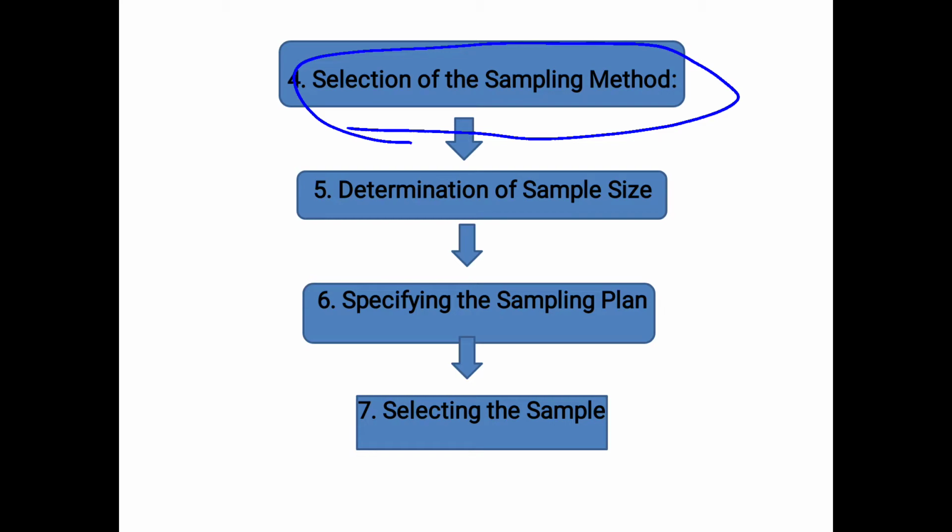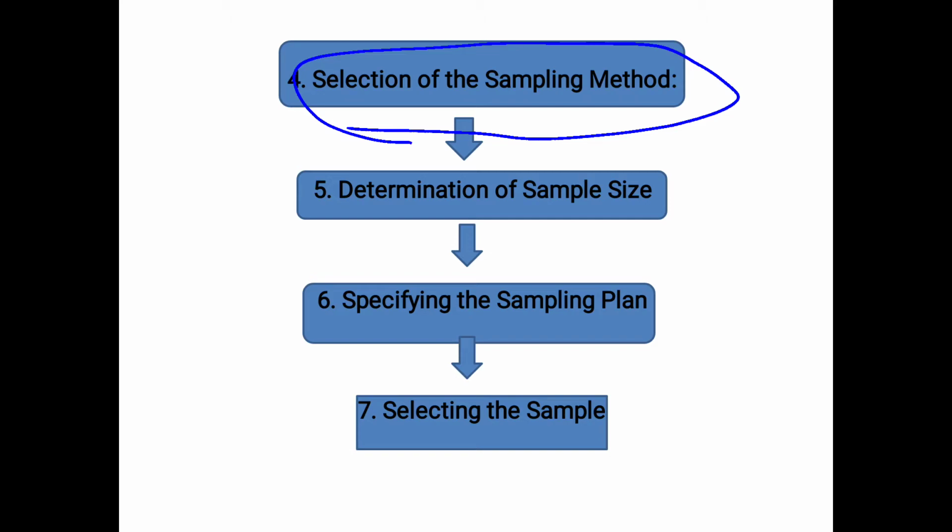You have to decide which method is suitable for your study, whether probability method or non-probability method. In this step you take the decision about the selection of sampling method. Based on your study, the purpose of the study, finally you take the decision of the method of sampling.